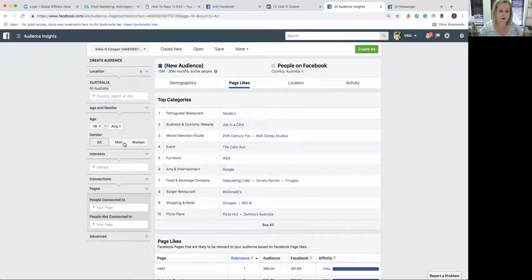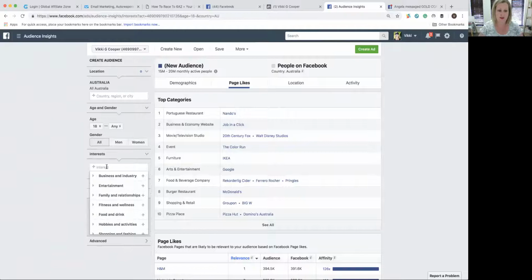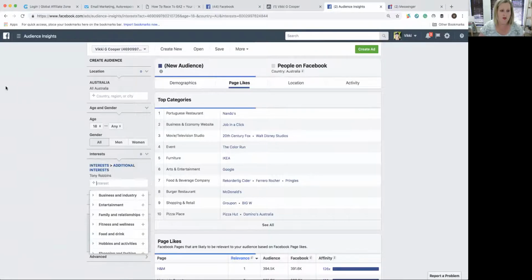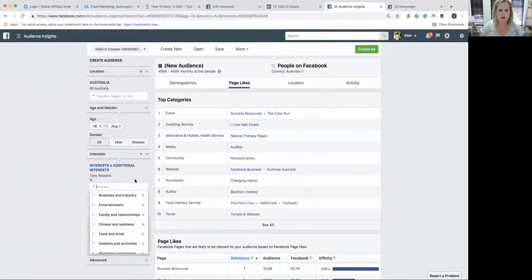So then you can come down here to interests. Now, the example that I gave was Tony Robbins, so we'll pop in Tony Robbins, and what it will come up with here is the top categories of people who follow Tony Robbins, who also follow these categories.